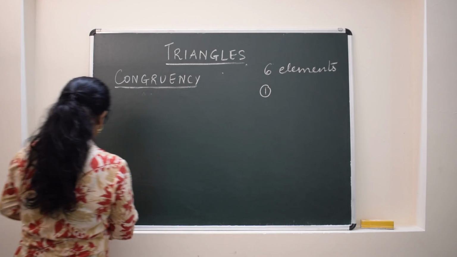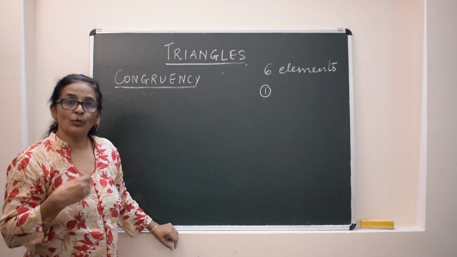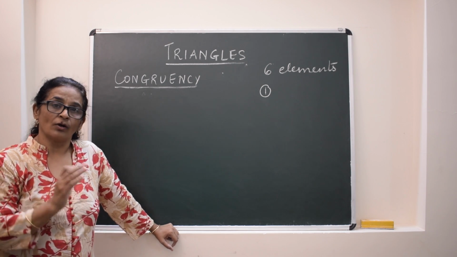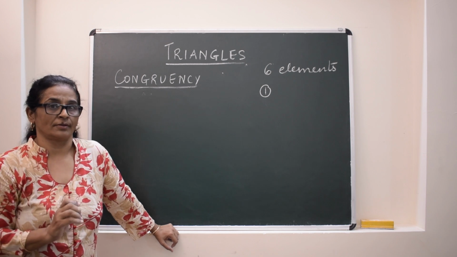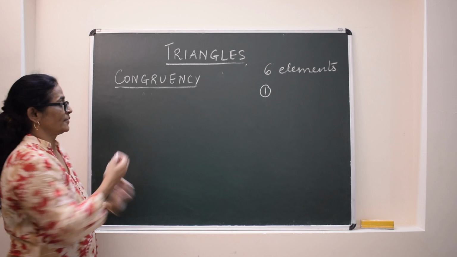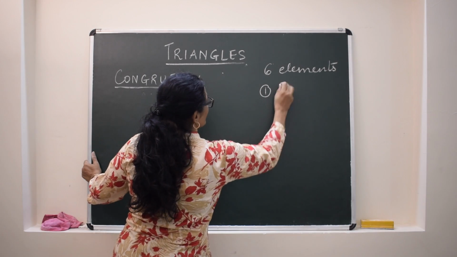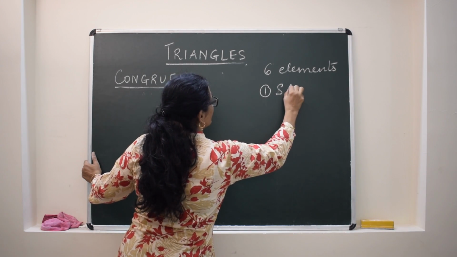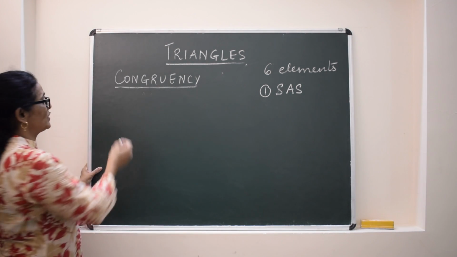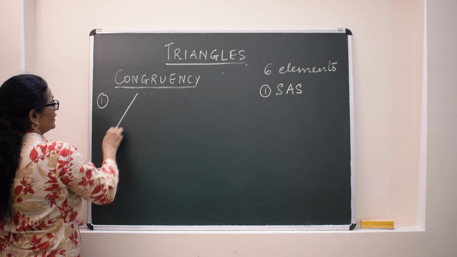Axiom means a proven statement which is not to be proved, or you can say it is universal truth. We don't have to prove it. So it says that if two sides, first axiom, SAS means a triangle.